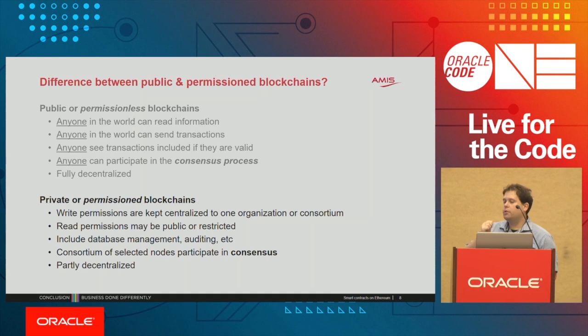With consensus, usually it's a consortium of selected nodes that participate, not everybody; you need to be authorized. So you can say that's partially decentralized, because if you're running it on one and the same cloud or location, then it's still not really decentralized.